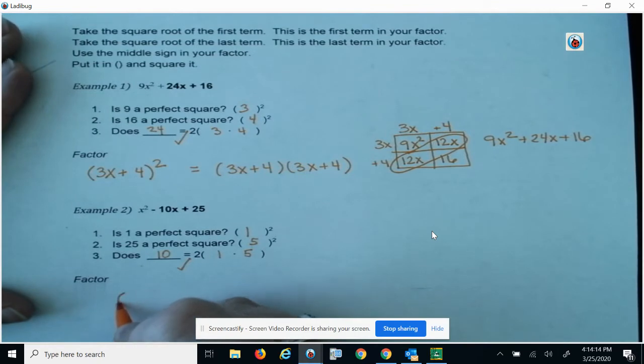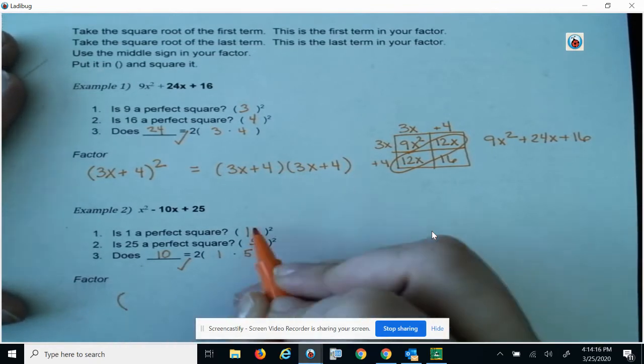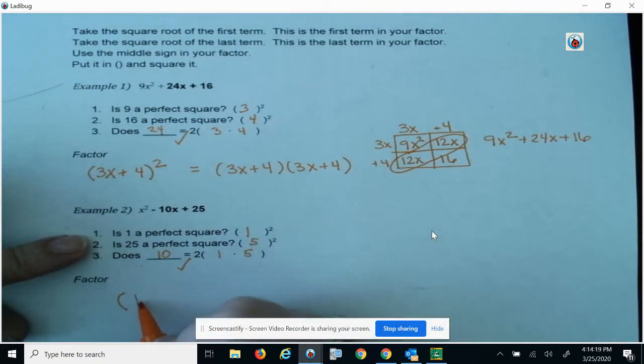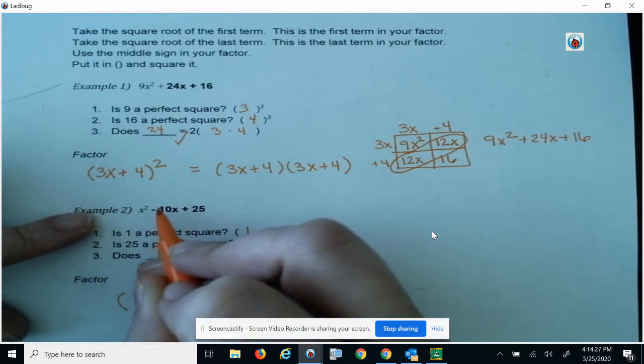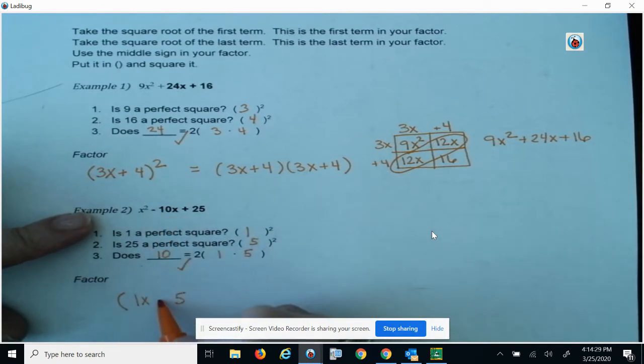So to factor it, I'm going to put the 1x and then the 5. And my middle sign is going to be the sign in the factor. Put parentheses around it and square it. And there are my factors.